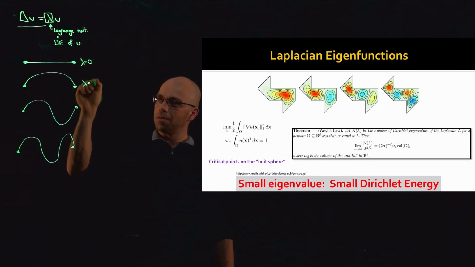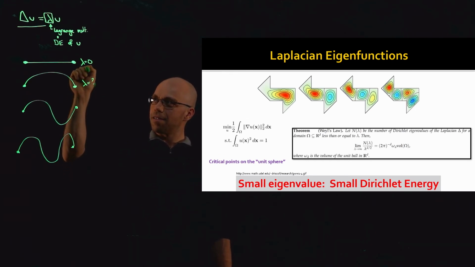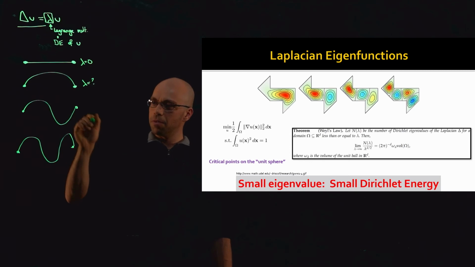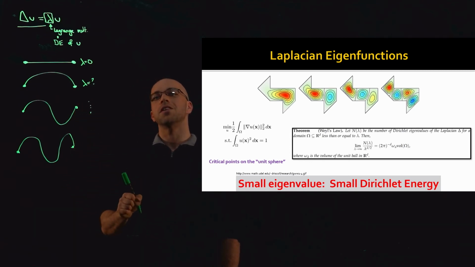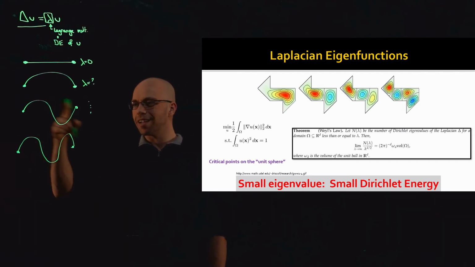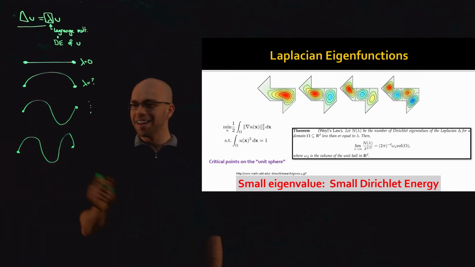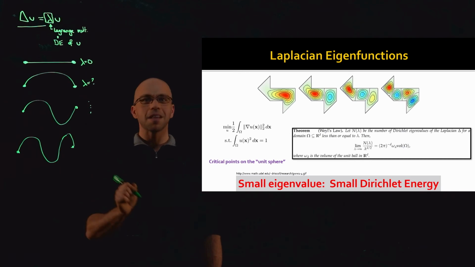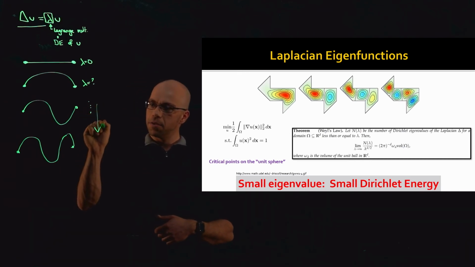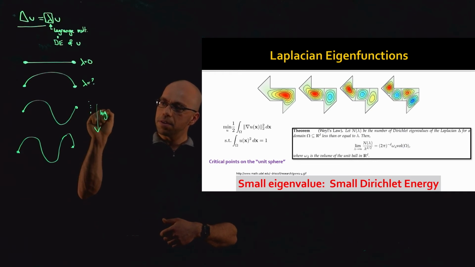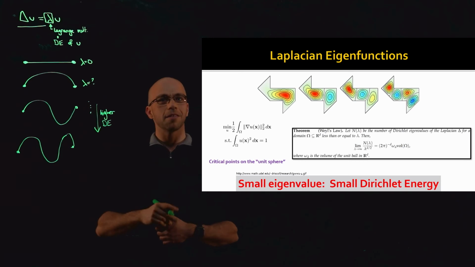But this is lambda 1, lambda 2, lambda 3, and as we look at increasing eigenvalues of our Laplace operator, the corresponding eigenfunctions get more wiggly, and now we can see that that actually makes sense, right? Because essentially it corresponds to higher Dirichlet energy, which is exactly the same as higher eigenvalue by this little derivation here.